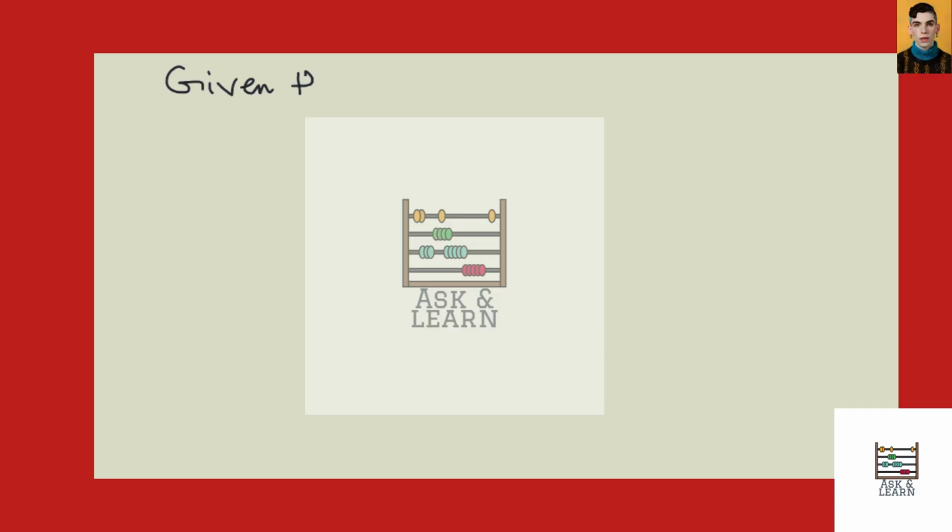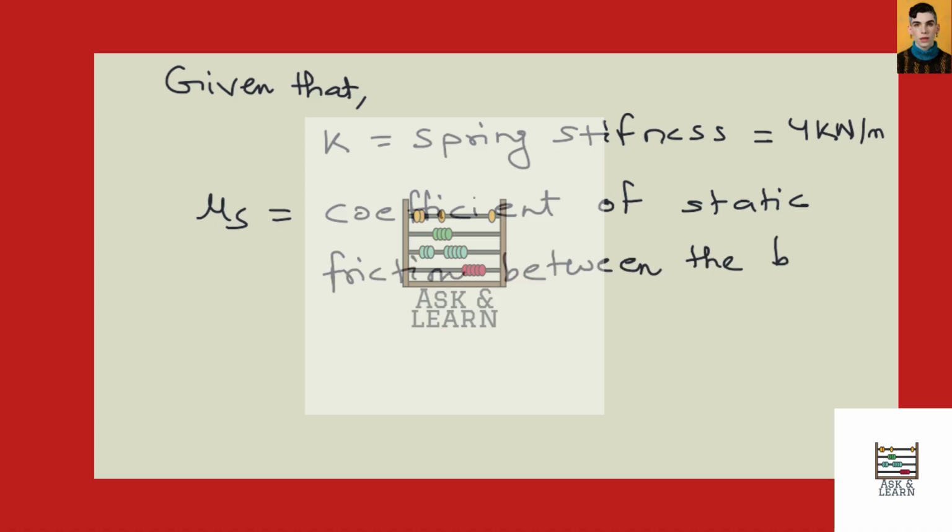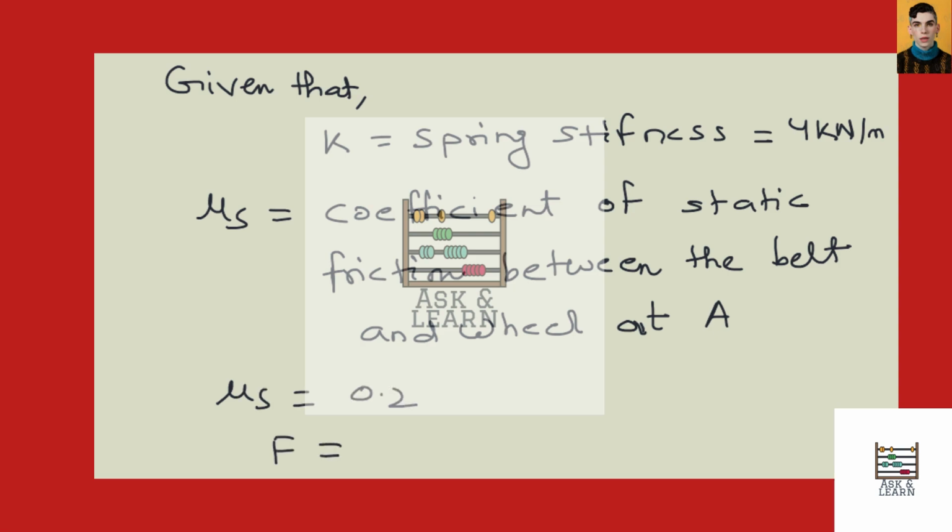Given that K is equal to spring stiffness is equal to 4 kN per meter, mu s is equal to coefficient of static friction between the belt and wheel at point A. So mu s is equal to 0.2 given.